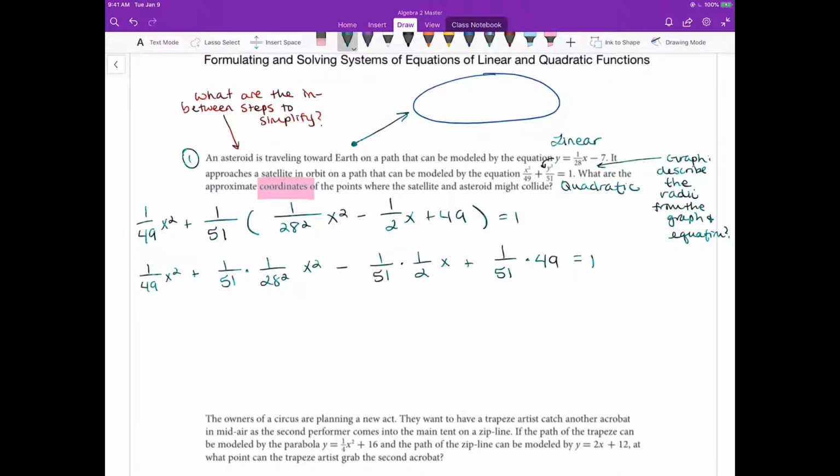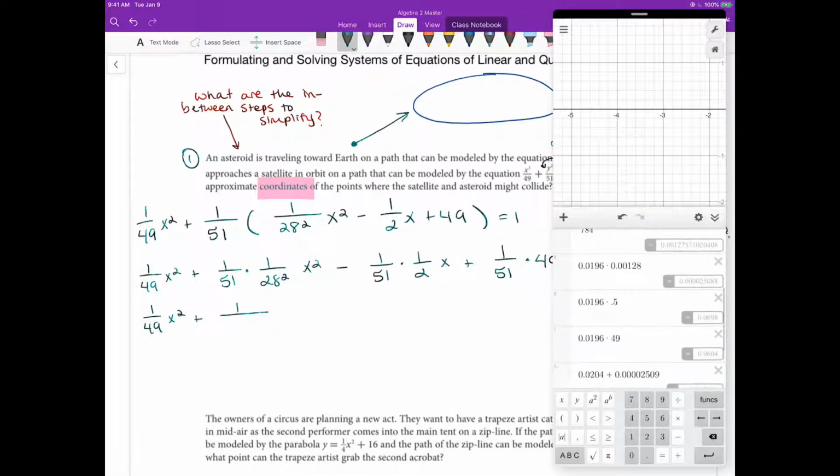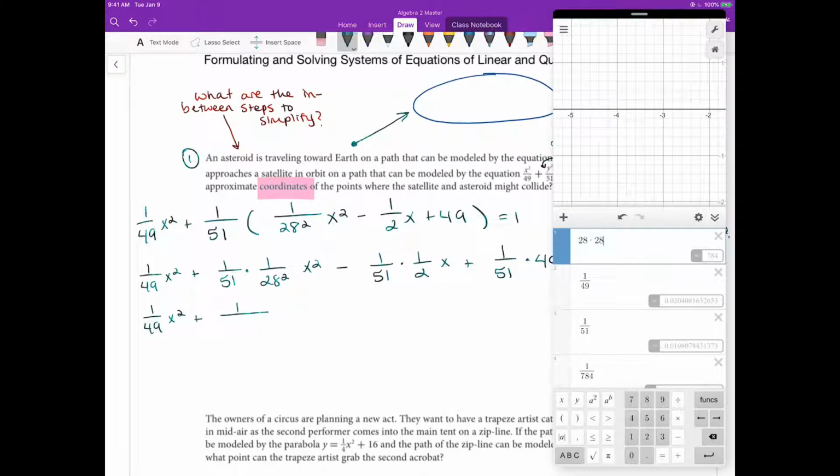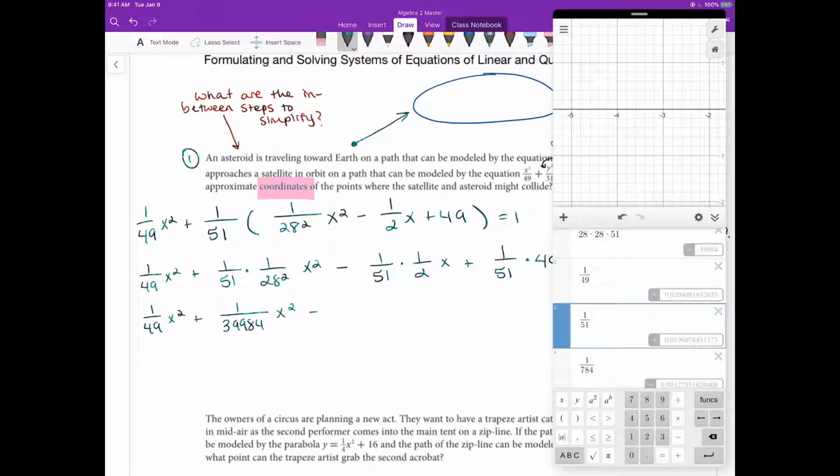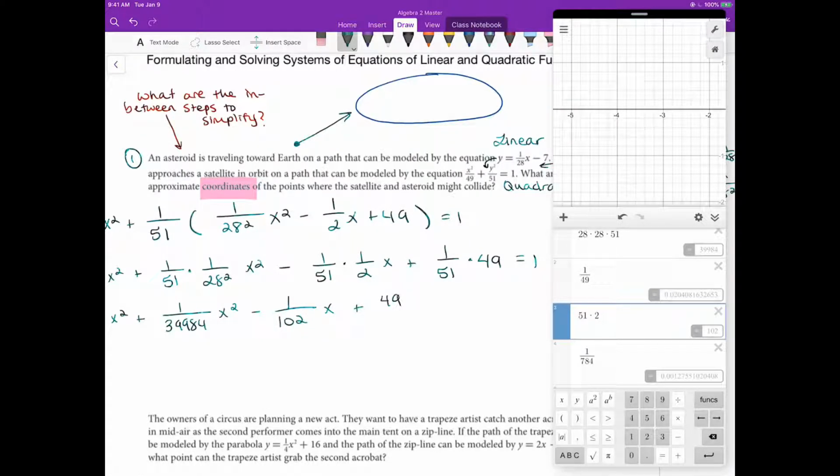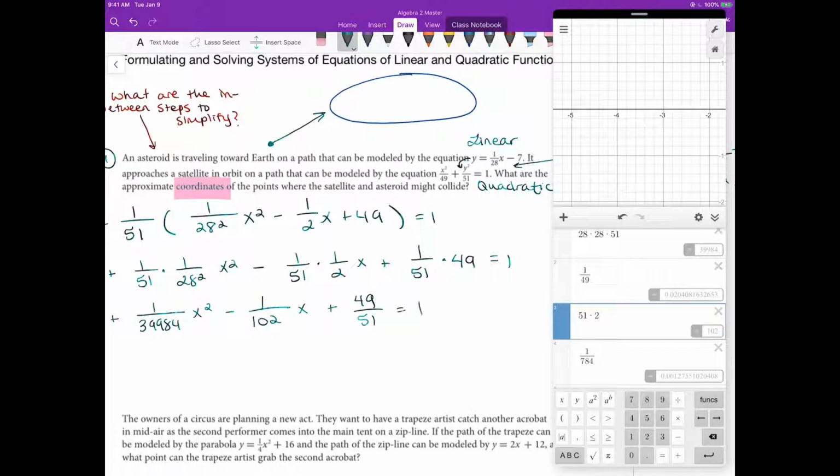And then we would multiply across to simplify even further. 1 over 49x squared plus 1 over, and 51 times 28 squared is, let's see, 399.84 x squared minus, this is times 1 half, 51 times 2, 102x, plus 49 over 51 equals 1.